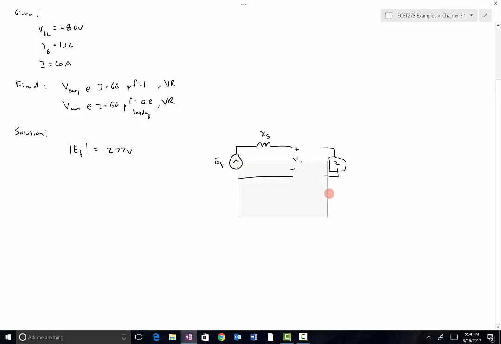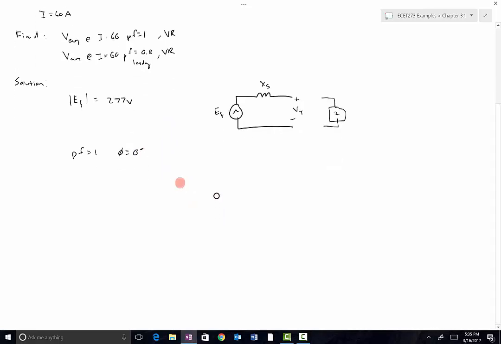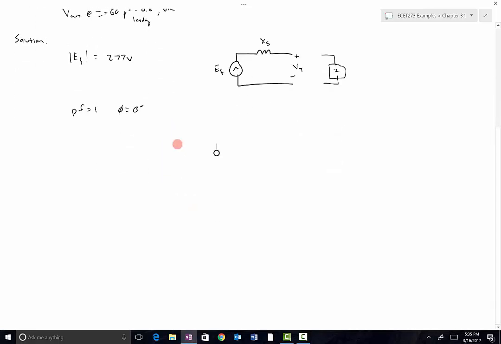So for a power factor of 1, we know that phi is equal to 0 degrees, meaning that the terminal voltage and the current are going to be in phase. So if this is VT, we know that IA is going to be in phase, and that's 60 amps right there.